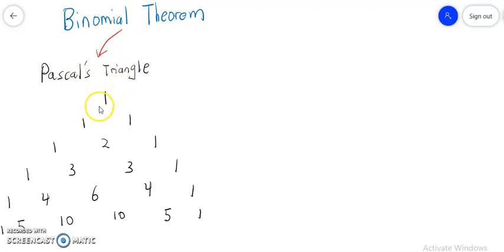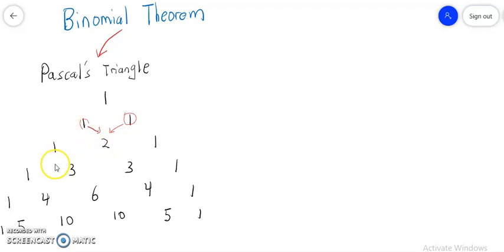So how does it work? Here, 1 plus 1, this number and this number will be added to form a number in the middle.